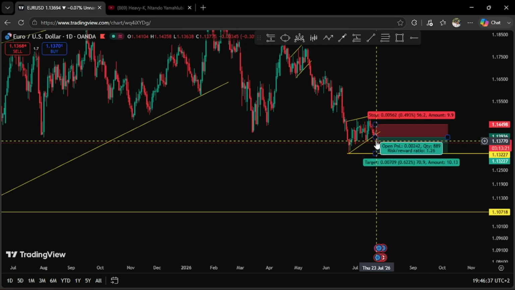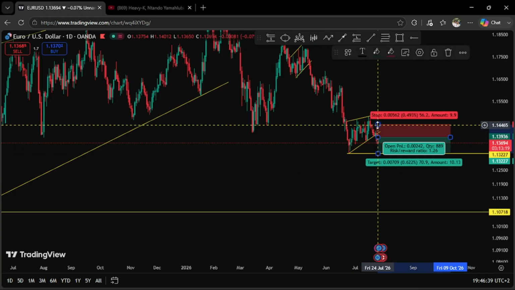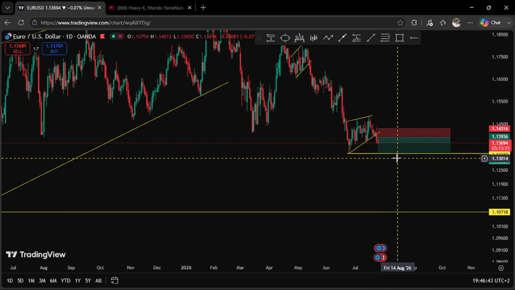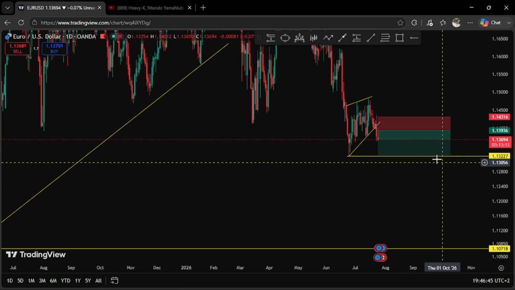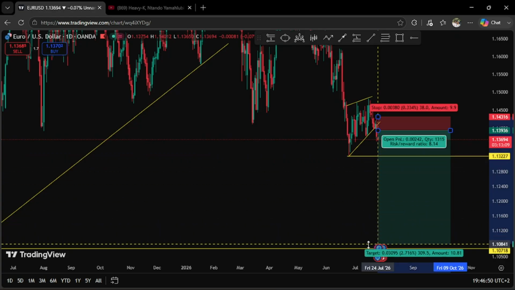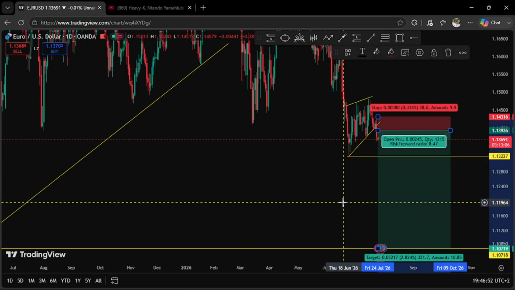You get a more precise 38 or something, then you put it here. But look, you have this whole space to target to the downside, 321 pips.